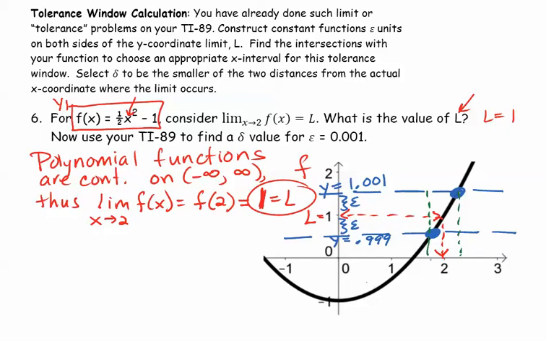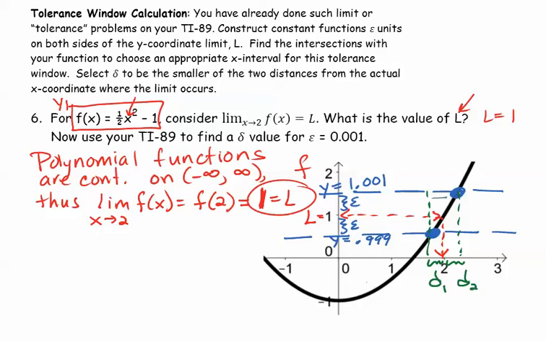So there's our tolerance. And now notice that our delta values do not look equal. So I'm going to call them temporarily delta 1 and delta 2. And once we find those two, we're going to choose the smaller of the two so that we are guaranteed that we will stay within our tolerance window.